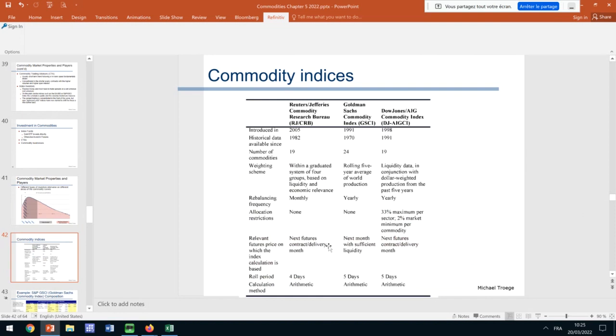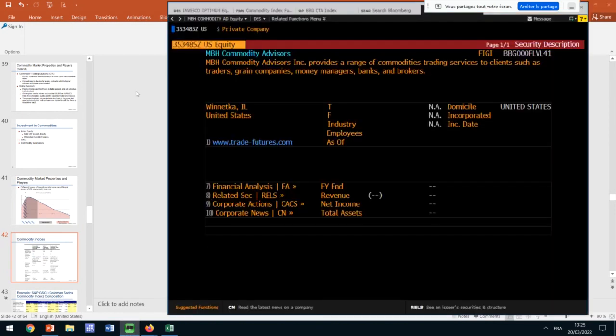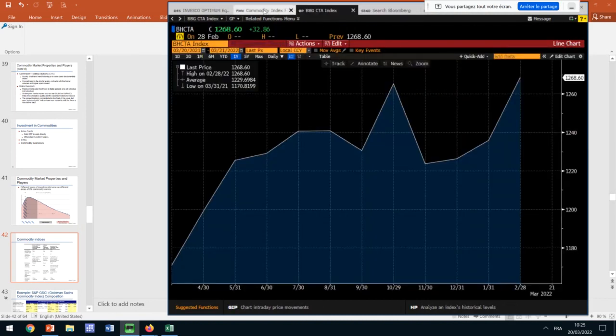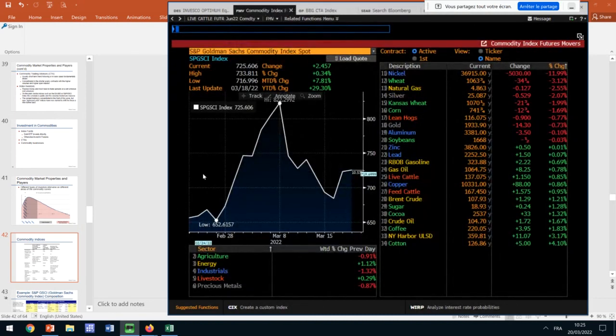But let's first look at the composition of these indexes, and for that I have looked at this in Bloomberg. This is the S&P Goldman Sachs Commodity Index, and what you can see here is that it is extremely broad-based.